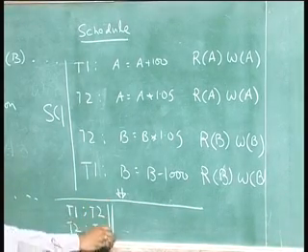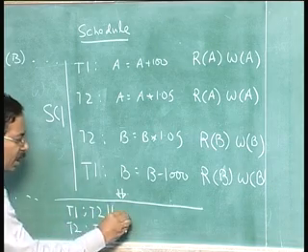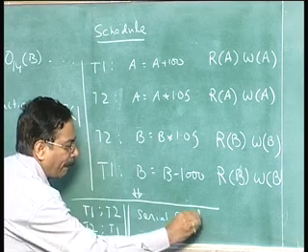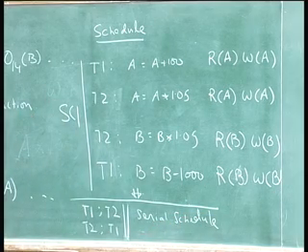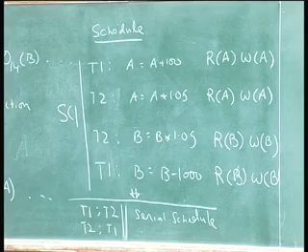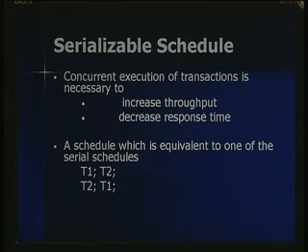As long as this is possible for you to say, we call this kind of schedule a serial schedule, and that is what is shown in the diagram here. A schedule which is equivalent to one of the serial schedules is equivalent to saying that either T1 executed before T2 or T2 executed before T1; one of these should be possible.